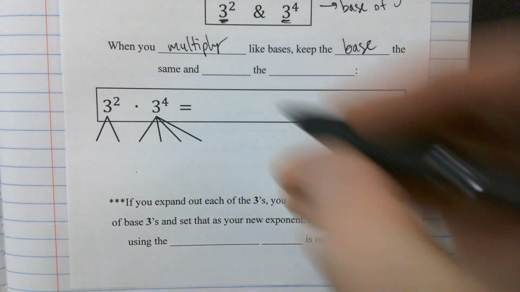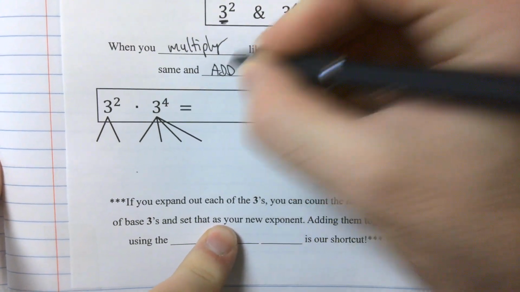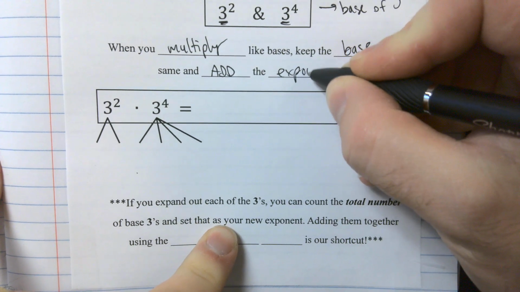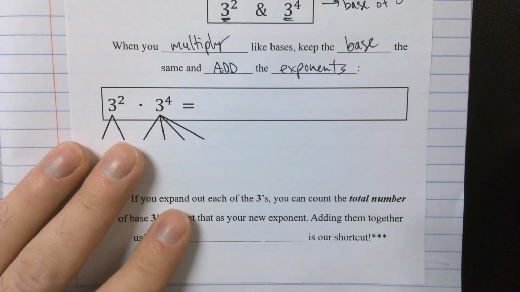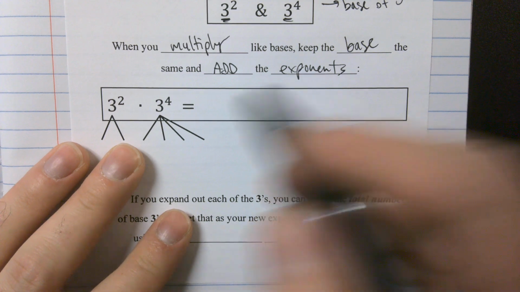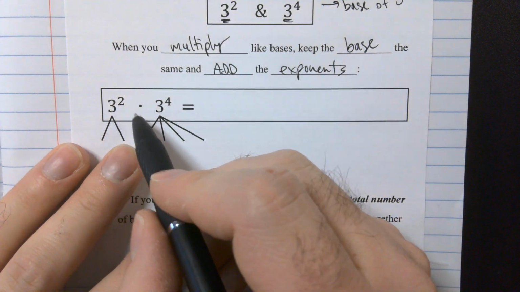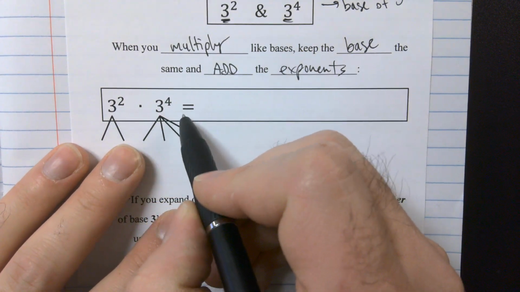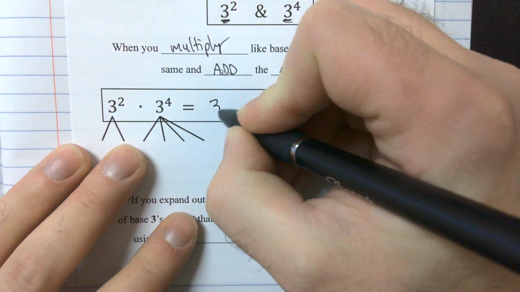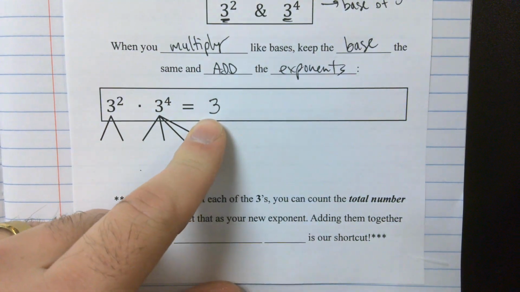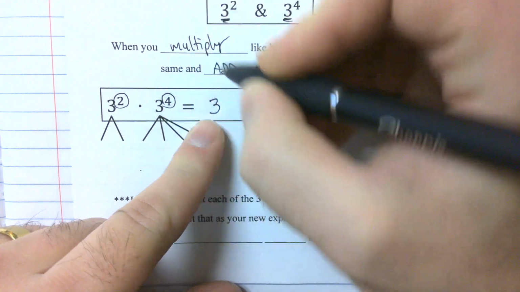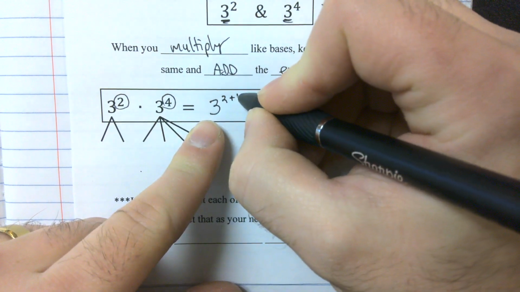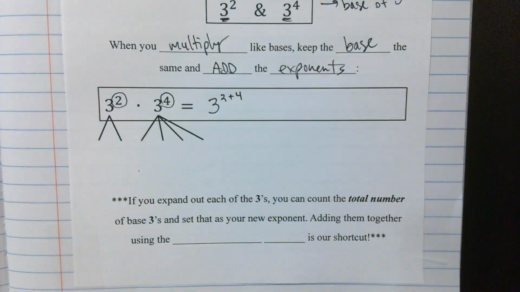But what we're going to do is add the exponents together. So 3 to the 2nd power times 3 to the 4th power becomes, keep the base the same. I'm going to take my 2 exponents and add them together.